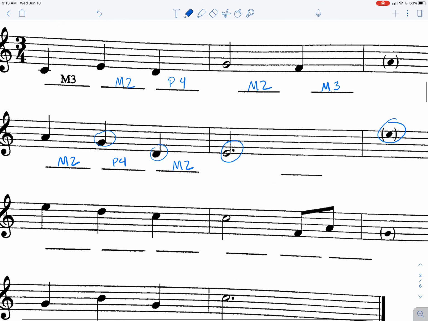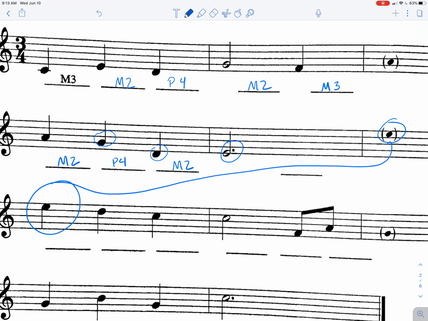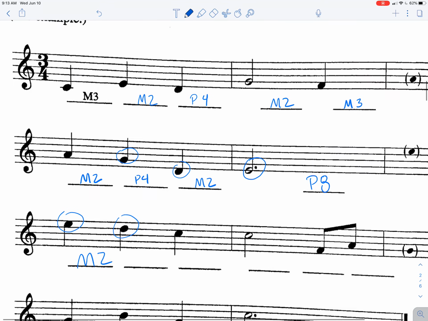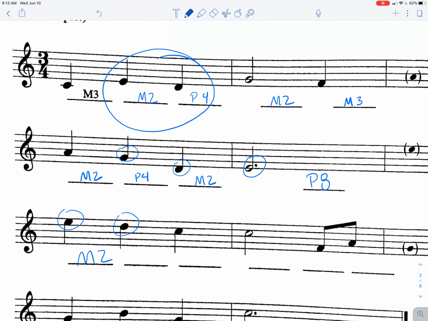And we're going around again. We've got between E and E, which I hope you remember is actually that E that we're referencing. And that, I hope everyone is aware, is a perfect octave. And then E to D, which is another major second, just like we had up here.